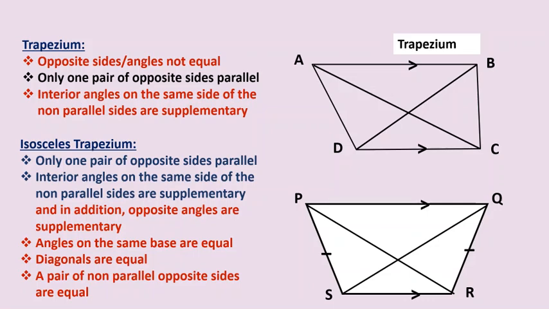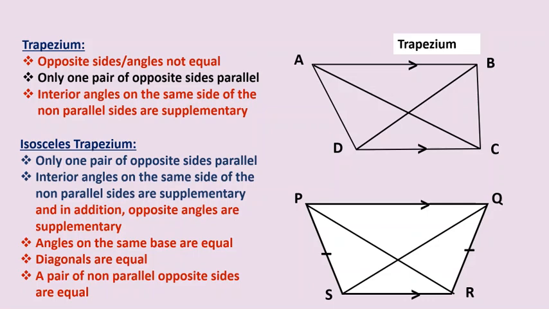Angle S will be equal to angle R. Remember that. You can see that both wide angles are obtuse. In the isosceles trapezium PQRS, angle S is equal to angle R and angle P is equal to angle Q. That is only special for isosceles trapezium.